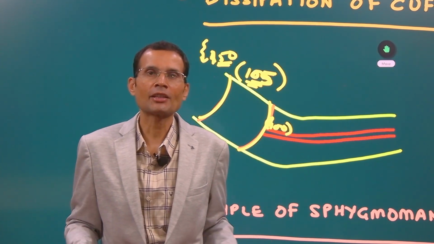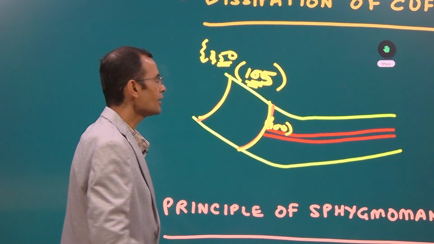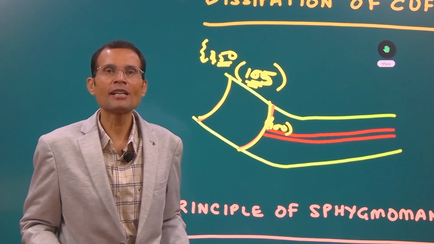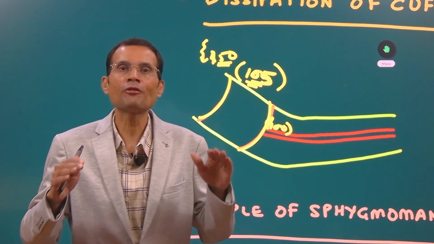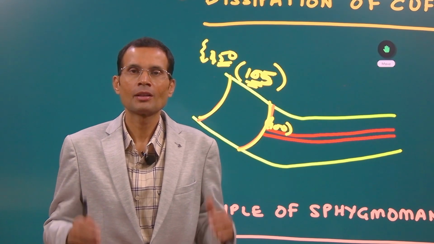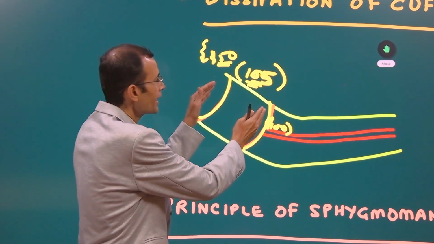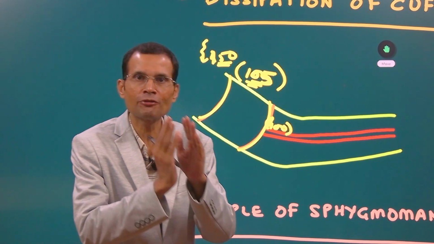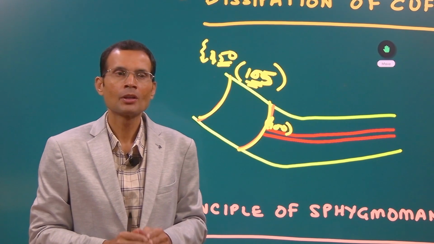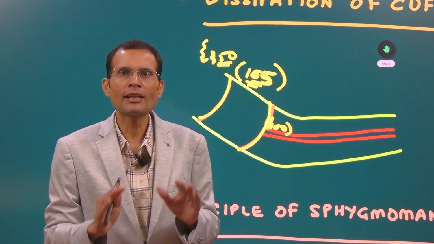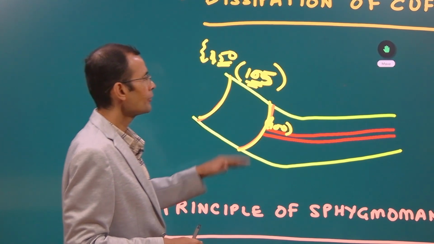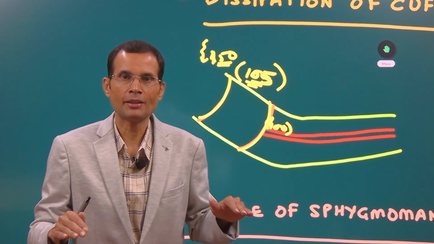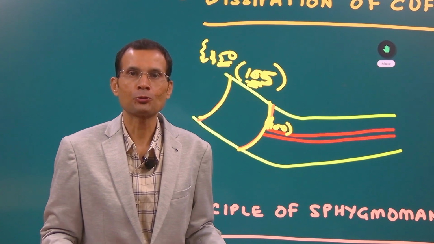But here lies the catch. Actually, there is a concept called dissipation of cuff pressure. That is, let's say when the cuff pressure is 105 mm of Hg, about 5 mm of Hg out of that 105 will be dissipated in the intervening tissue.